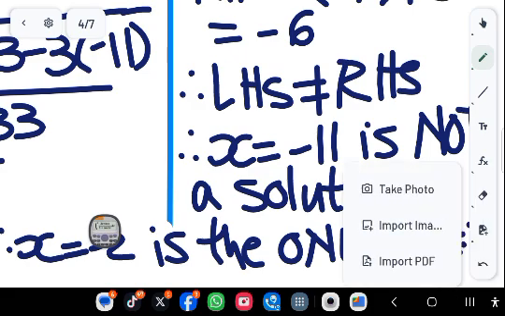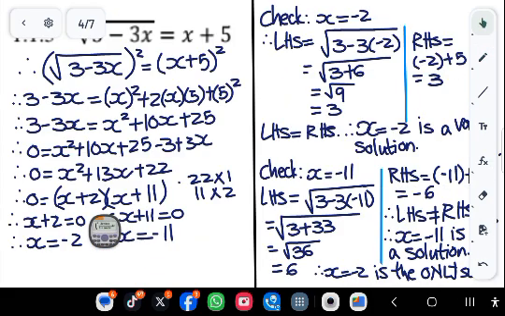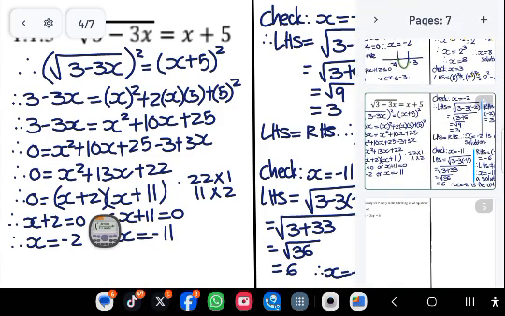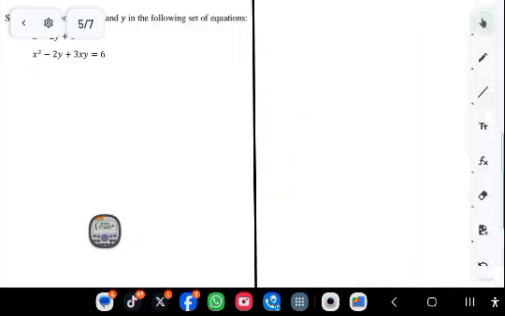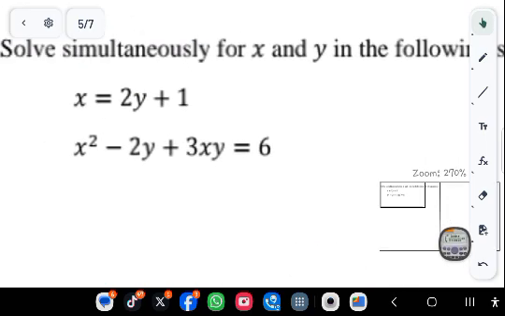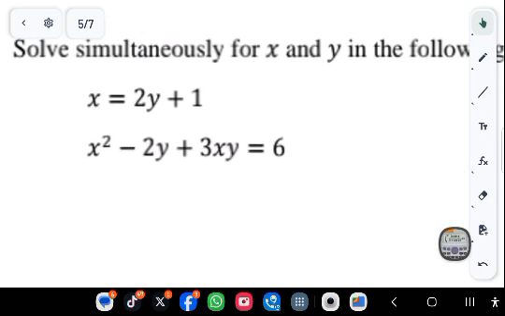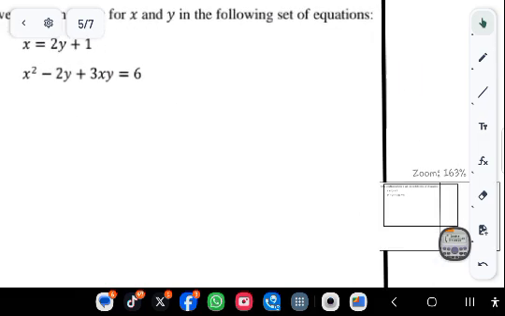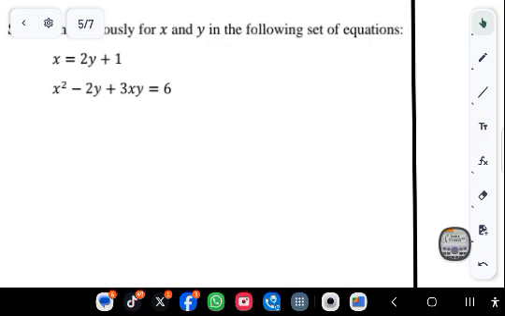All right. Next question goes, solve simultaneously for x and y in the following set of equations.